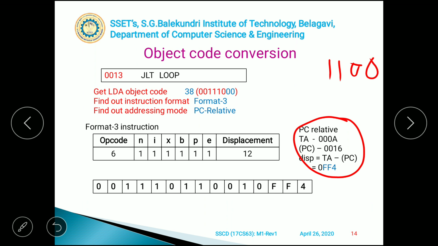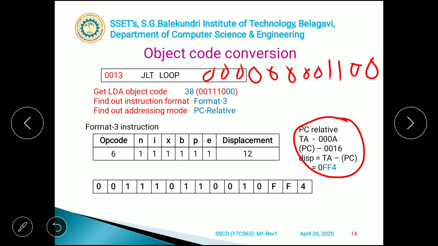This is C, but it is only the last 4 bits of the displacement. So the remaining 8 bits you have to give. It means that you make sure that you write all together as 12 bits like this. Okay, so this is 12 bits.